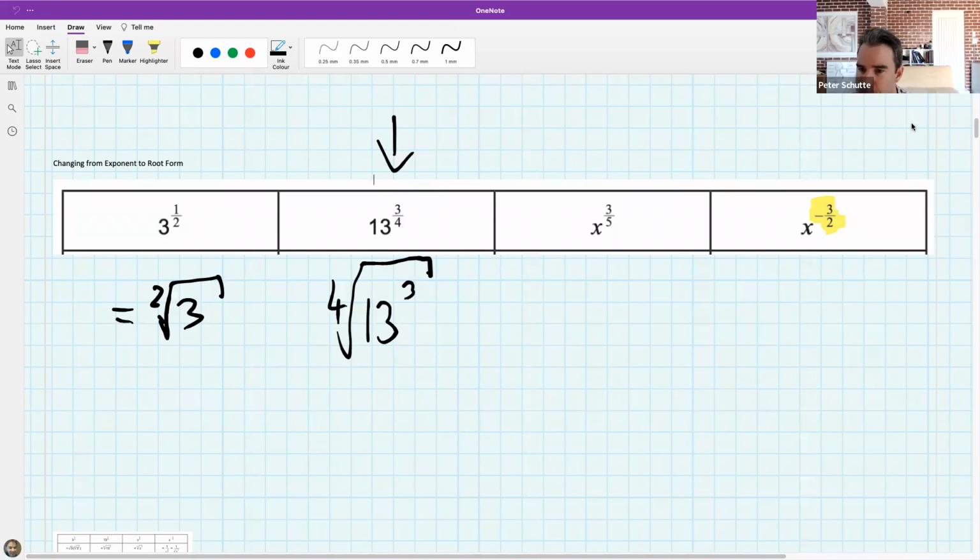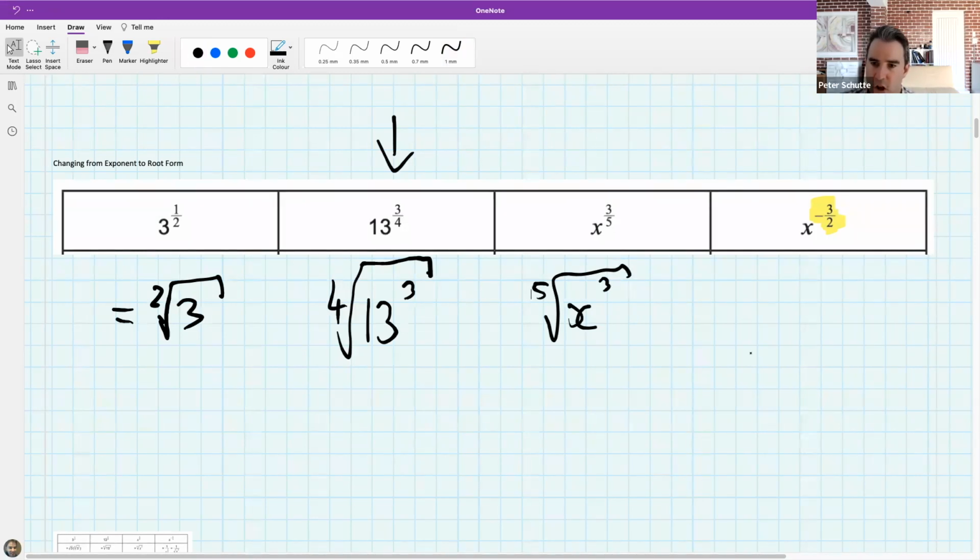Let's go to Sibalwe. Sibalwe, have you got the answer for the third one? Sorry, I might be saying it a bit wrong. Can you hear me? Maybe we have some technical issues there. This is going to be the 5th root of x to the power of 3.